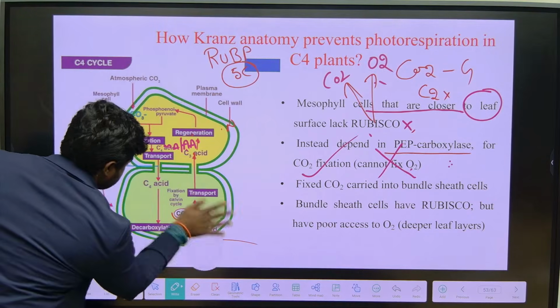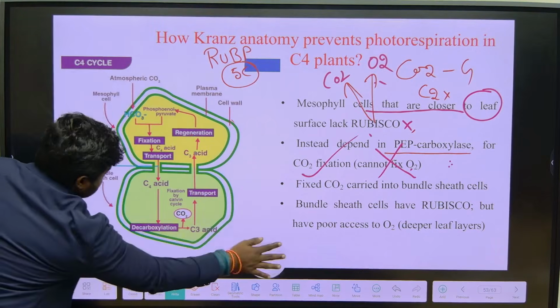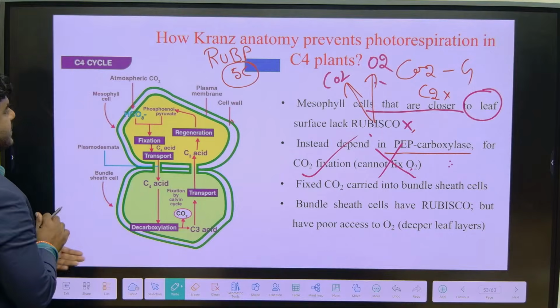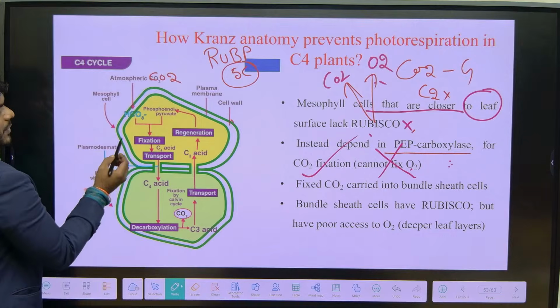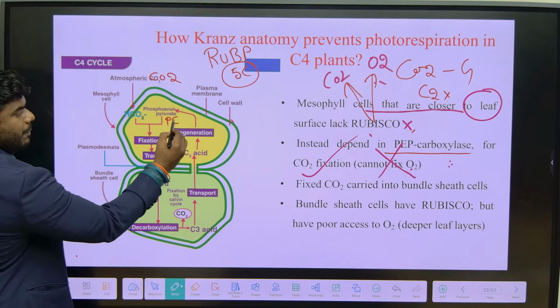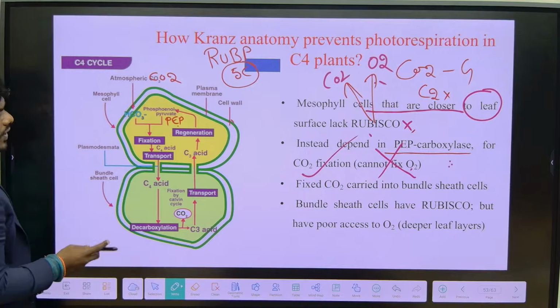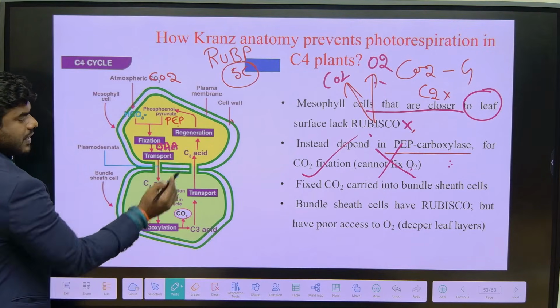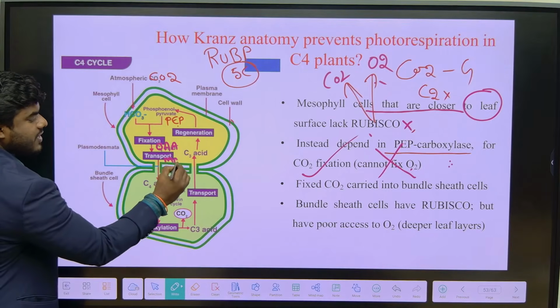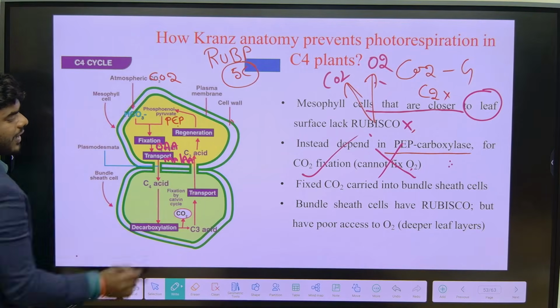Okay, I'll explain one more time. It's a very big one. First, I'll give you the overview, then we'll discuss step by step. So first, atmospheric carbon dioxide is accepted by phosphoenol pyruvate, 3 plus 1 carbon converted into 4 carbon, giving rise to oxaloacetic acid. Since it does not have a binding site, it is converted into malic acid or aspartic acid.